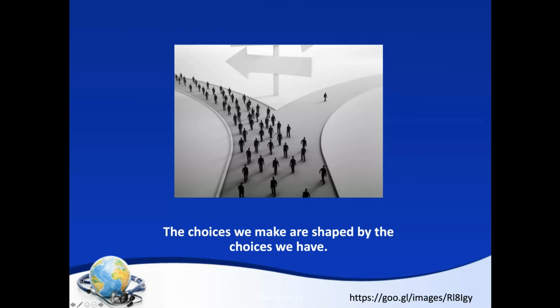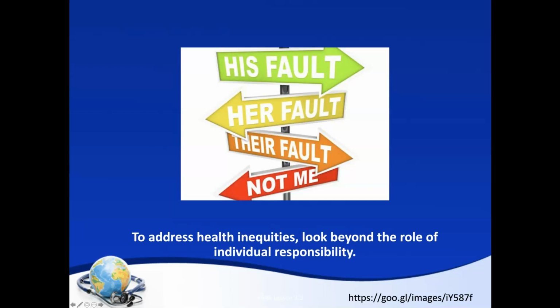Maybe you smoke or you drink or you don't exercise because maybe there's something stressful going on in your life. Maybe you just don't have access to fresh, affordable food. Maybe you don't have access to green space where you can walk. And so that's what this is saying, that the choices we make are based on the choices we have. And so to address the health inequalities, we need to look beyond the individual responsibility.